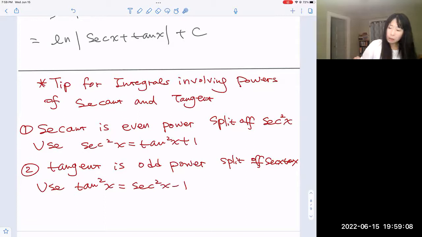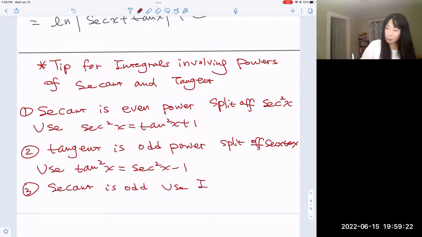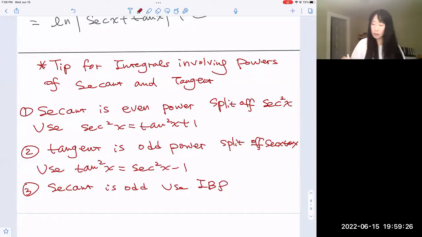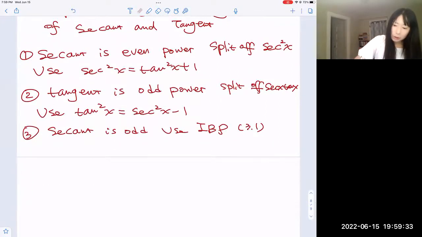And this one comes from the previous one, right? Now third, if the power of secant is odd, then use IBP, integration by parts. Okay, so this is what we did in 3.1. All right.